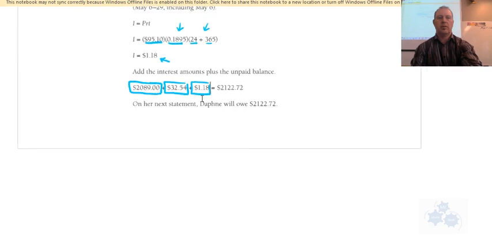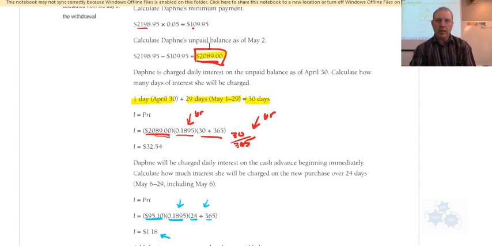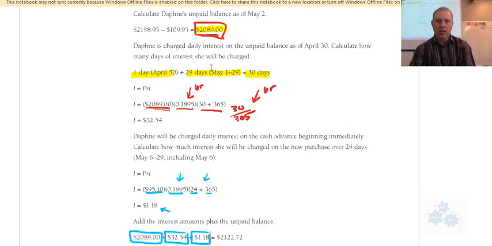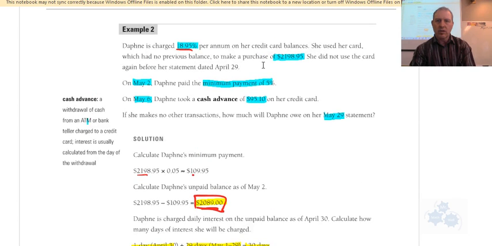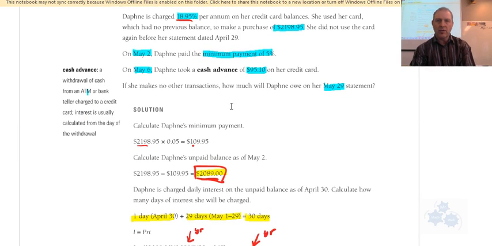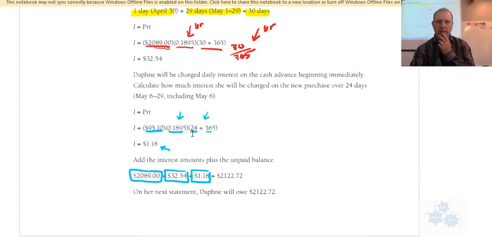And, whoops, does that include that 20.89? Okay, so did we have the 21.98, 95.10 cash advance? Now where's the 95.10? Is that not in here? 95.10 to find out $1.18.